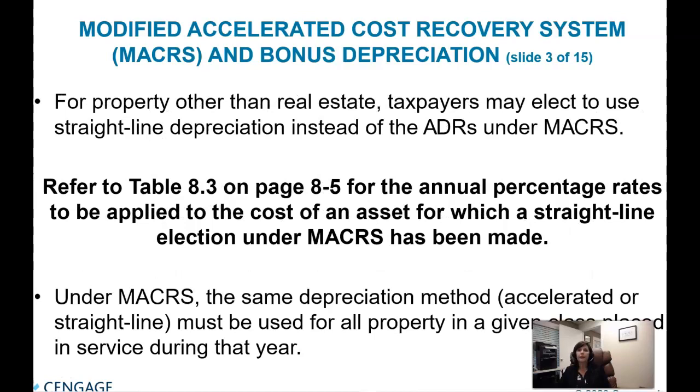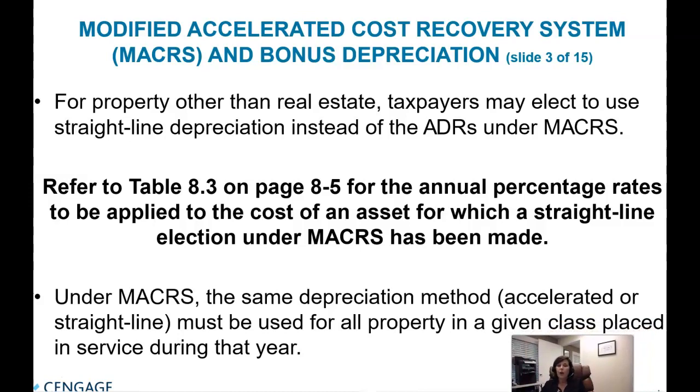So let's see, moving right along. If you have multiple items that you acquired that were in the same class of property, maybe you buy a fleet of trucks, for example, and you buy them all in the same tax year, you can select between using the straight line or the MACRS method.